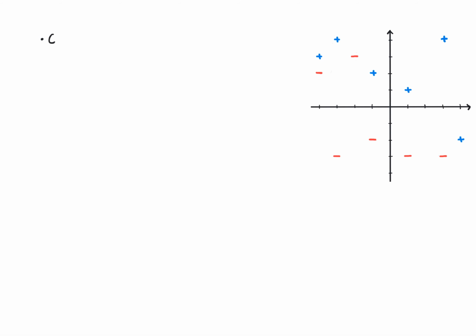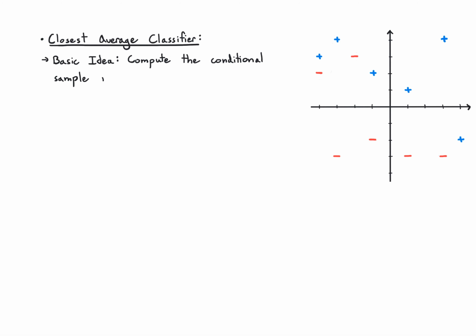Okay, next we're going to look at this closest average classifier. That's terminology we're just introducing so you remember it. You might hear this referred to by other language in other courses like naive Bayes, but we're just going to call it the closest average. So the basic idea here is that you compute the conditional sample mean, okay? So the sample mean vector, really, of the training data under each possible label.